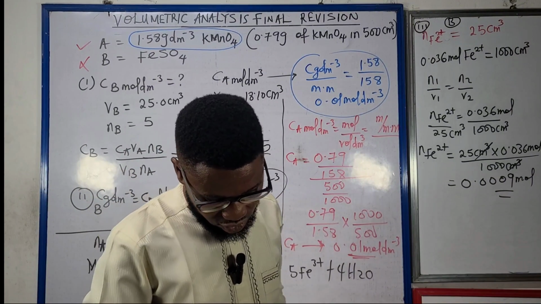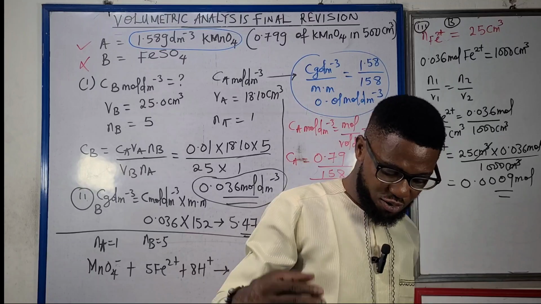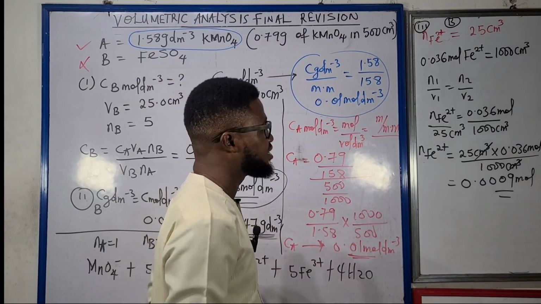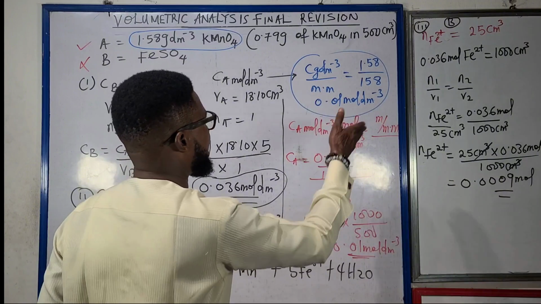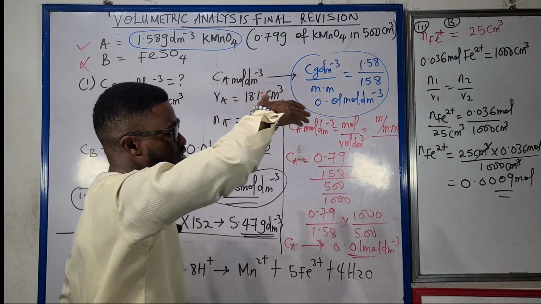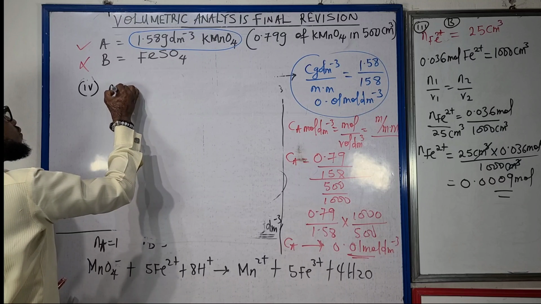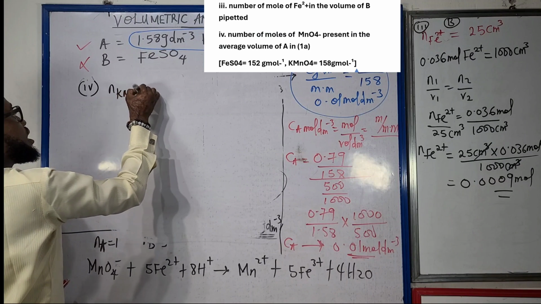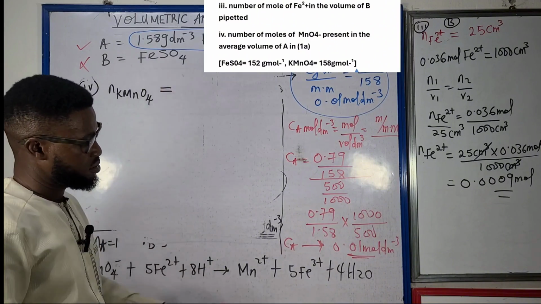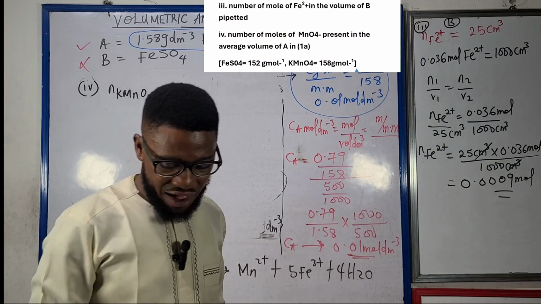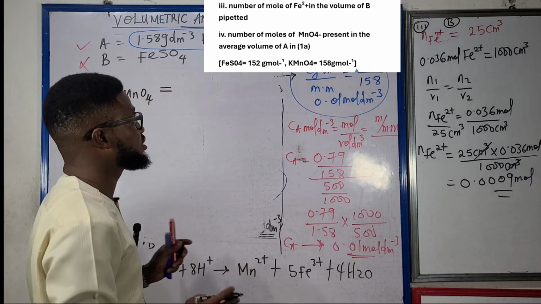Looking at question 4, it says number of moles of KMnO4 present in the average volume of KMnO4 used. Of course, this is similar to question 3. In question 4, we are looking for the number of moles of KMnO4 in the average volume of KMnO4 used in this reaction.